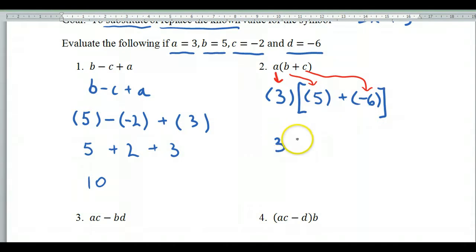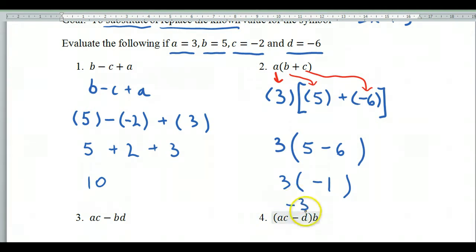So I'm going to put a 3 here, and inside the bracket here I have 5 minus 6 because that plus and the minus here make a negative. So it's going to be 5 minus 6, and now I have 3, and then inside the bracket I have -1. And finally, I'm going to multiply the 3 times -1 to get -3.